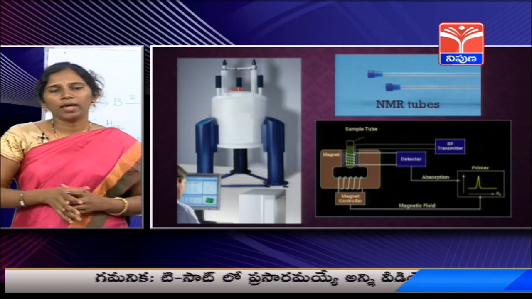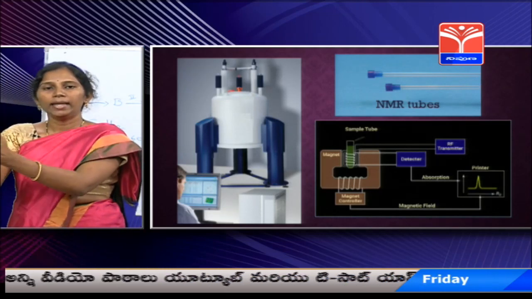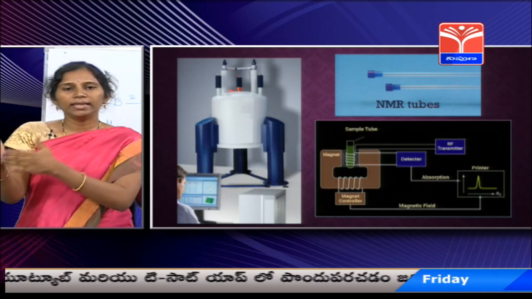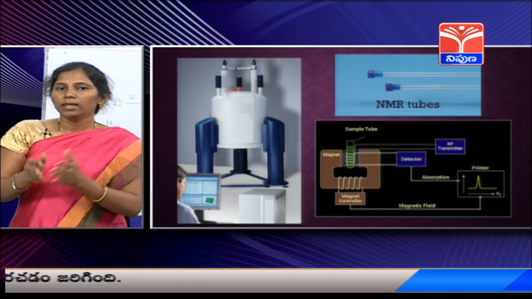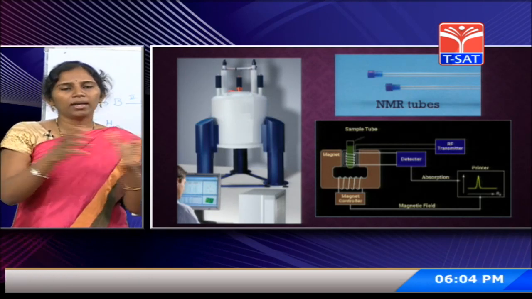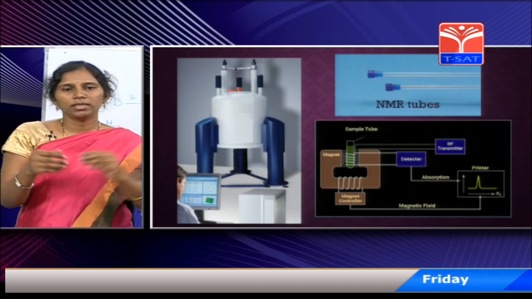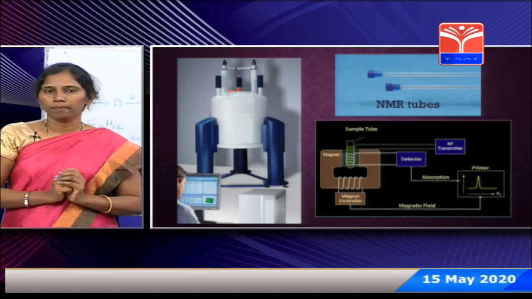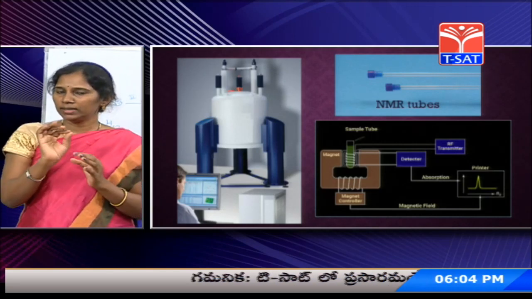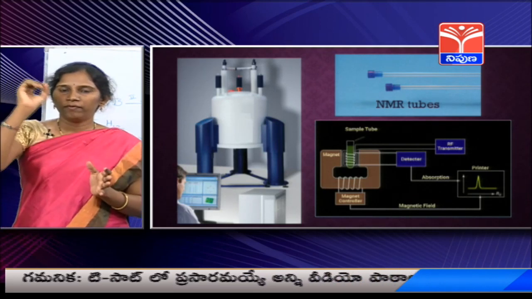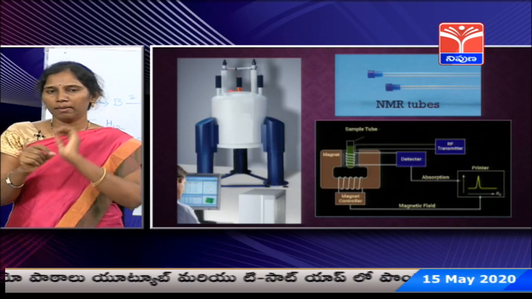In such games, they start from a reference point, and by measuring the distance covered by the players from that reference point, they say that a certain player has covered this much distance and another player has covered this much distance from the reference point. Without that reference point the competition is meaningless, right? Similarly here also a reference should be there in order to study the peaks of the compound in the NMR spectrum.